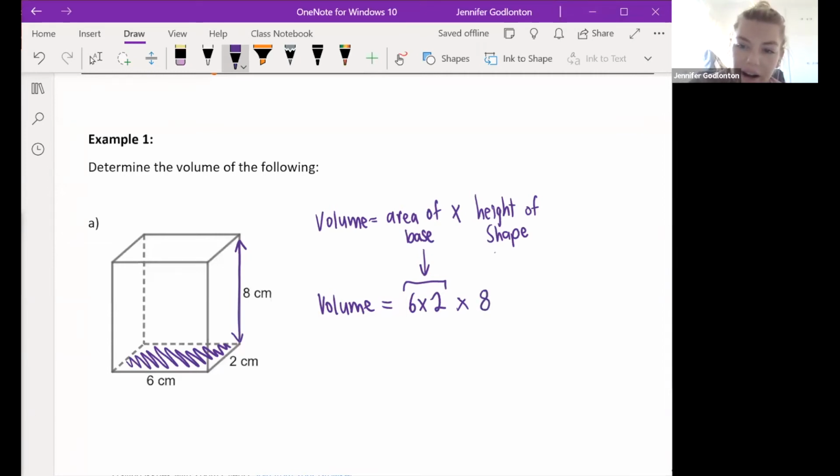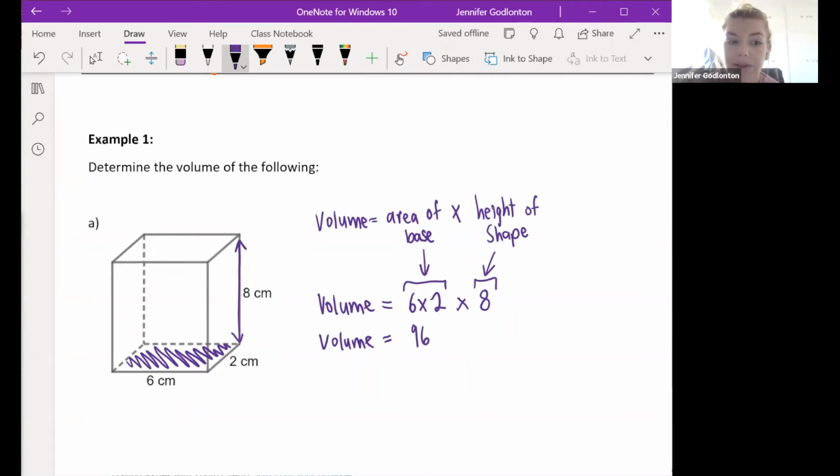So the area of our base times the height of our shape. So we're going to have 6 times 2 times 8. At this point, we can just chuck that straight into our calculator exactly like that. So we can just say 6 times 2 times 8, and we would get a total of 96.